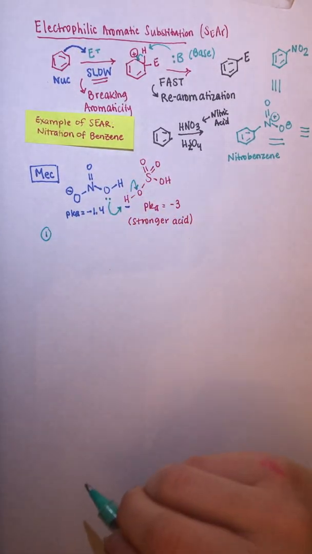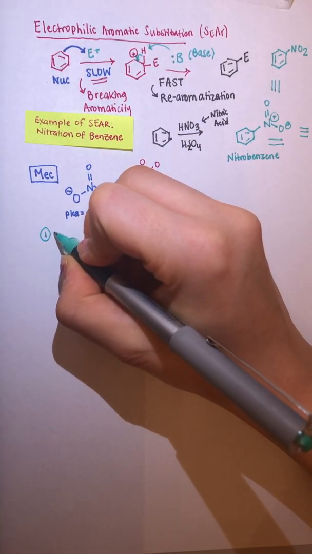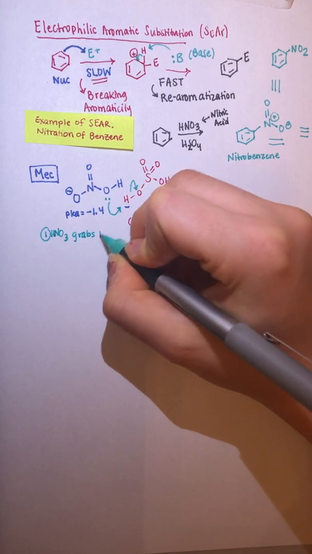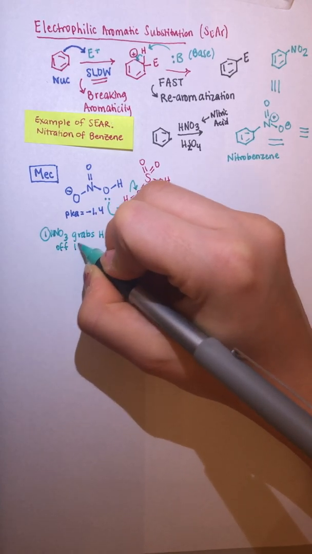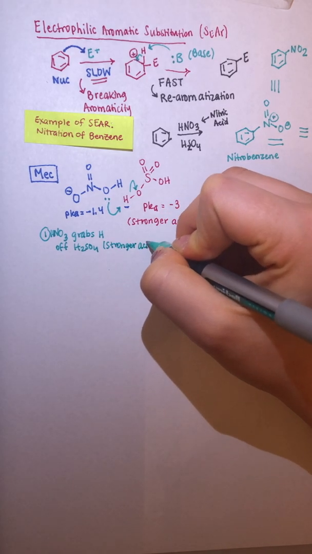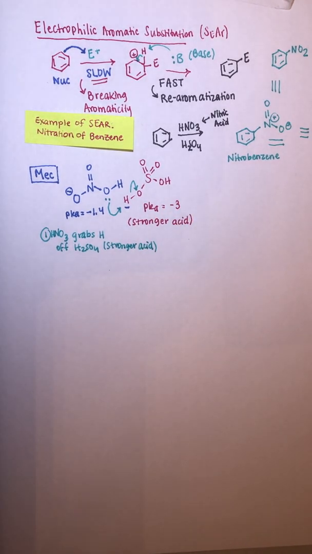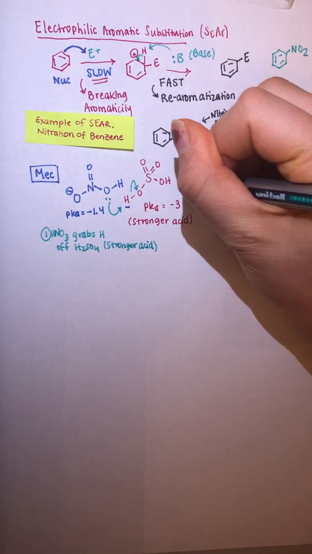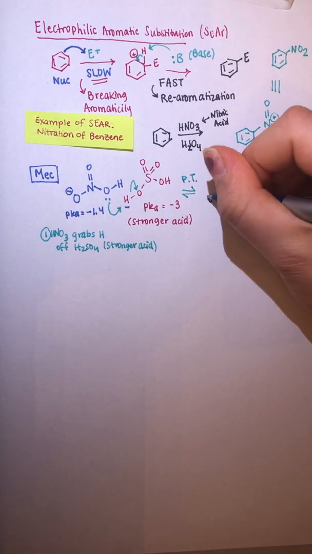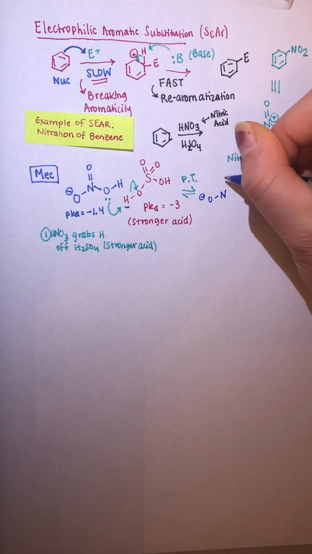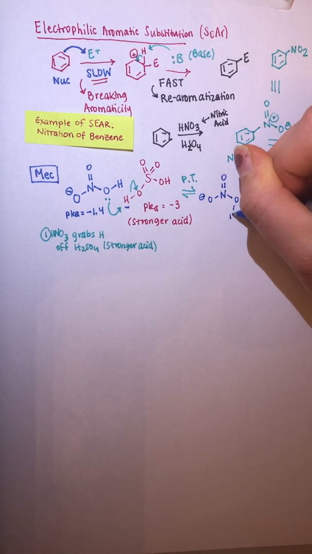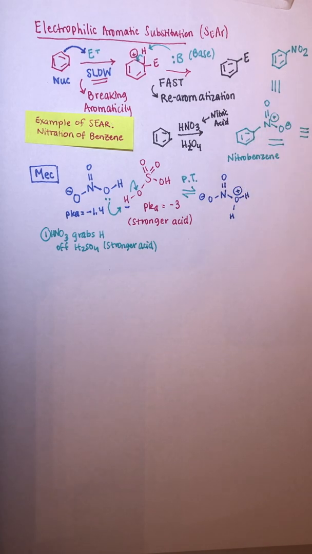So step 1 of this mechanism is that nitric acid grabs the proton off H2SO4, which is the stronger acid in this case. So it donates, of course. All right, cool. That's just a proton transfer, so not too hard, right? So the next step, what we're left with now is, right, a water leaving group on our nitric acid, okay?